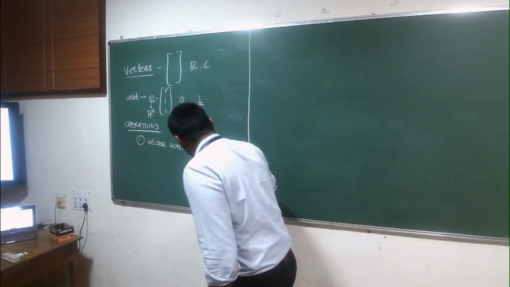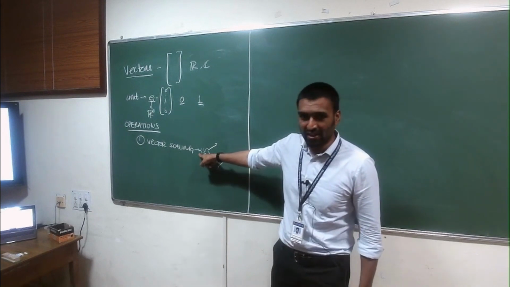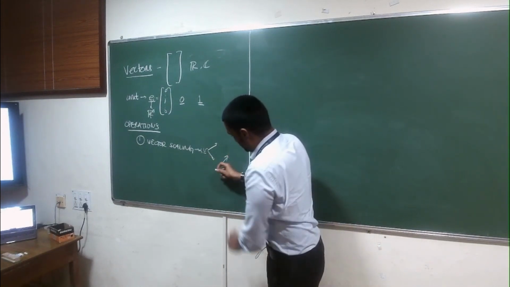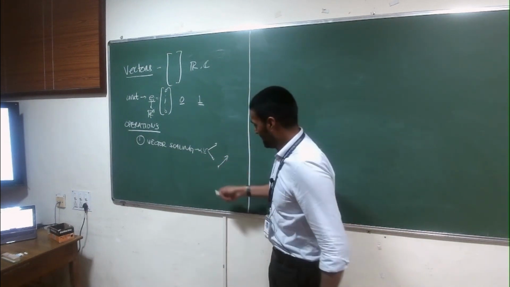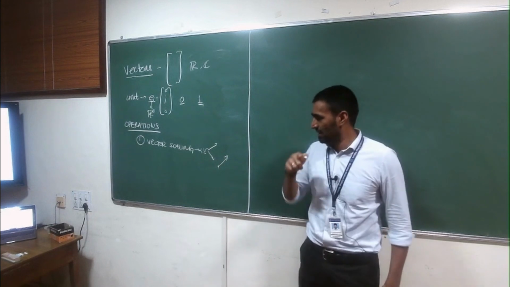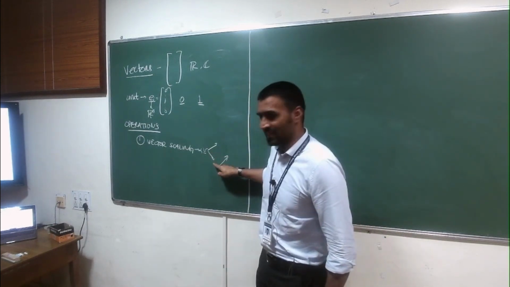In geometric terms, you're either stretching or compressing it, and you're also allowed to reverse the direction. But the scaling operation never changes the direction of the vector. That's the geometric interpretation.